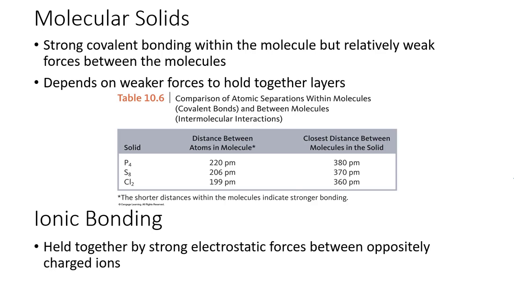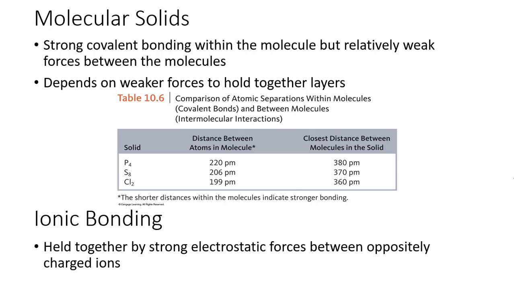And so you're depending on those weaker forces to hold the layers together, so they're not as strong together. If we compare the distance between atoms to the distance between molecules, you can see it's 220 picometers for a P4, a tetraphosphorus molecule, as opposed to 380 picometers between any individual phosphorus of one molecule and the next closest molecule. So there's a big difference there.